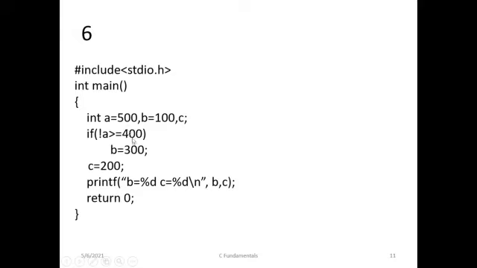So what to do? Which will have the higher priority, either not A or greater than or equal to? Naturally the unary operator, not A. What is not A? A is 500. As far as the relational operator is concerned, A is a non-zero value.